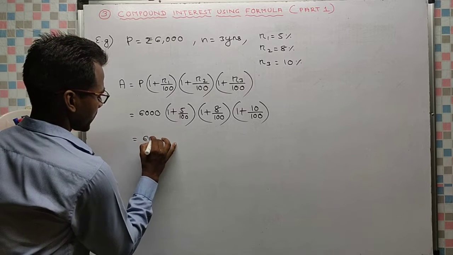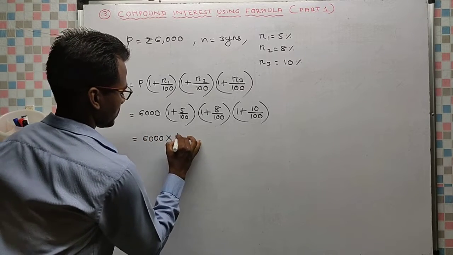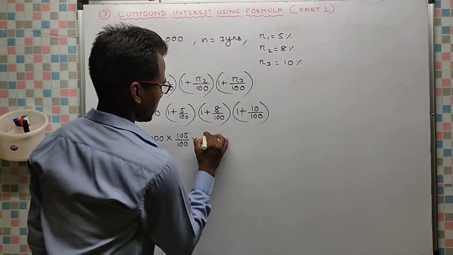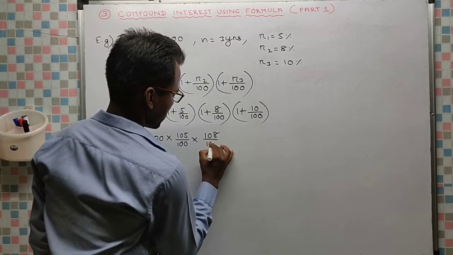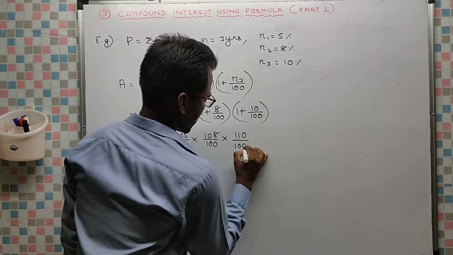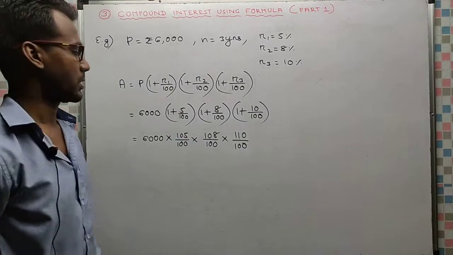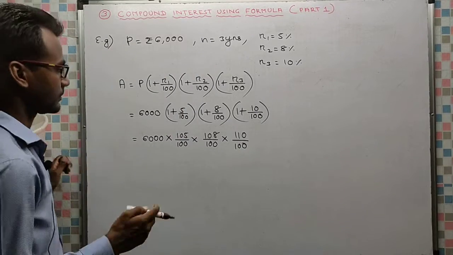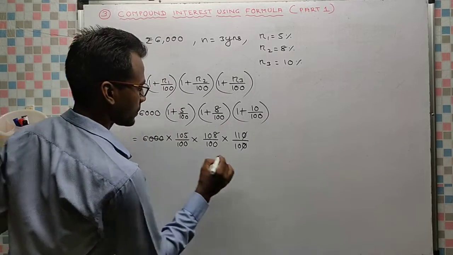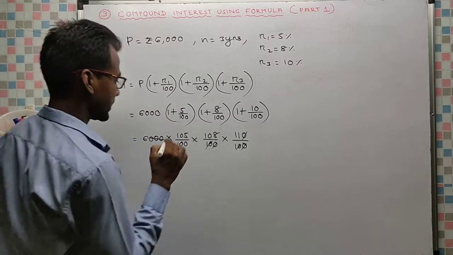This is equal to 6000 into 105 by 100. This is 108 by 100. This is 110 by 100. Now simply simplify. Suppose 0, 0 cancel. 3, 0, 1, 2, 3 cancel.